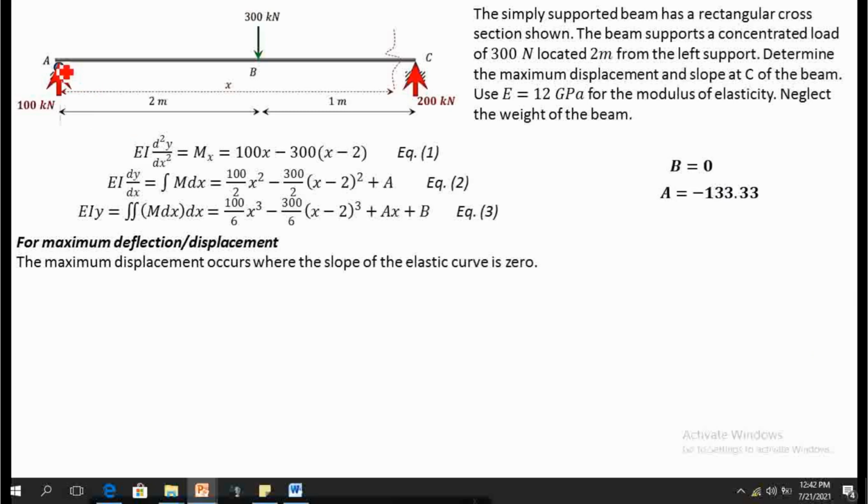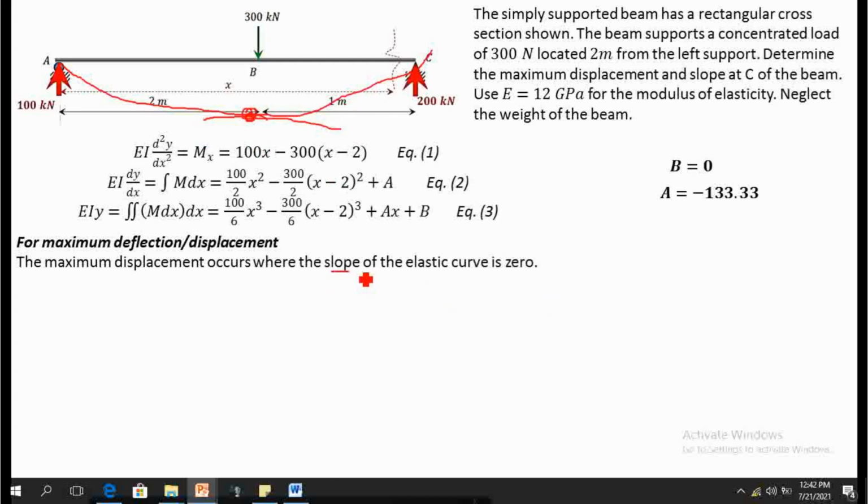Diba kapag ino-drawing ko ulit yung aking elastic curve, let's say, yan yun. And let's say, nandito sa banda dito yung ating maximum deflection. Now, if I'm going to draw a tangent line passing through dun sa may location ng ating maximum deflection, let's say at this point, the slope is equal to 0 kasi straight line na siya.